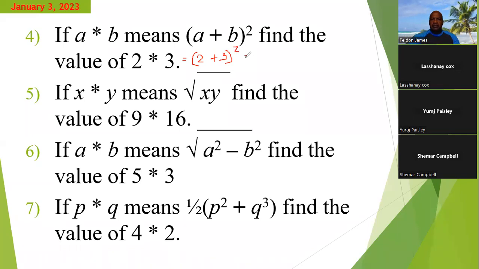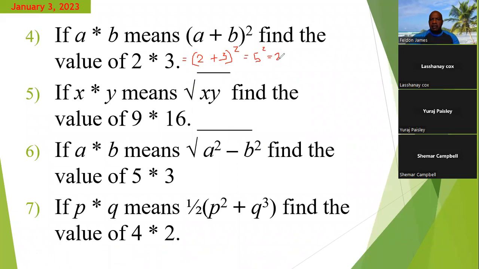Squared. What do we get here now? 25. So just give it a calculation of the bracket now. So we have 5 in the bracket. So that gives 5 squared, which is equal to 25.